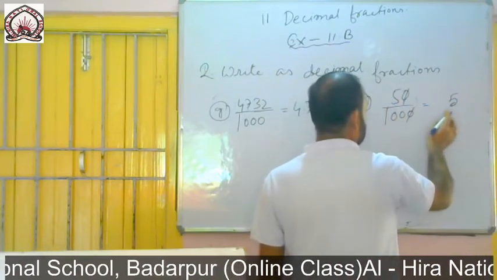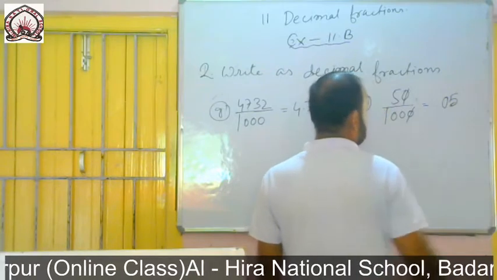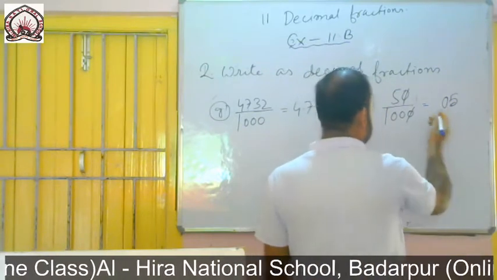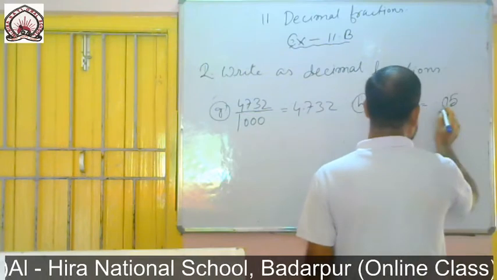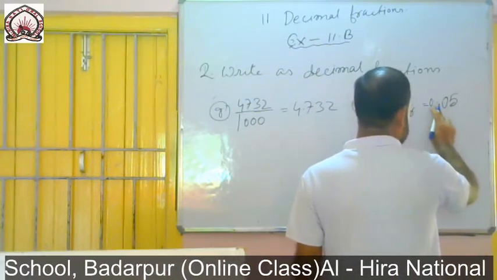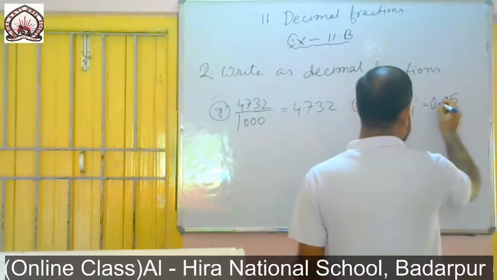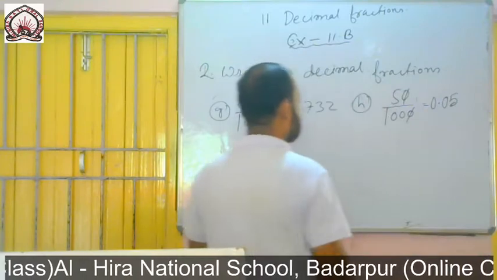Then what to do? We add a 0 on the left side of 5 and put the point. That means the answer is 0.05.